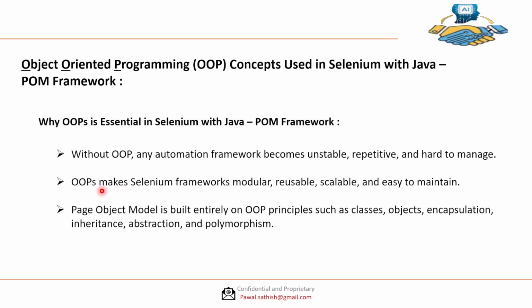OOPS makes the Selenium framework modular, reusable, scalable, and easy to maintain. That is the reason we need to use all the OOPS concepts, and we'll see that the page object model is built entirely on OOPS principles. So in today's session we'll see classes, objects, encapsulation, inheritance, abstraction, and polymorphism.